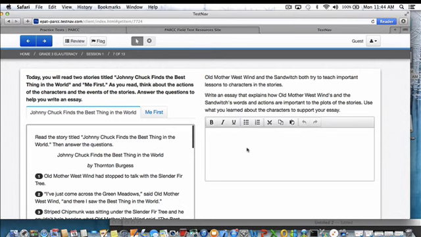And then I have to think about the content of what exactly am I going to be analyzing? What is my depth of understanding? And so in that sense, I really have to know how these two characters are important, how the words and the actions are important to the plots of the story, most likely focusing on how they changed the characters in the story, how one of the characters was changed by the witch.